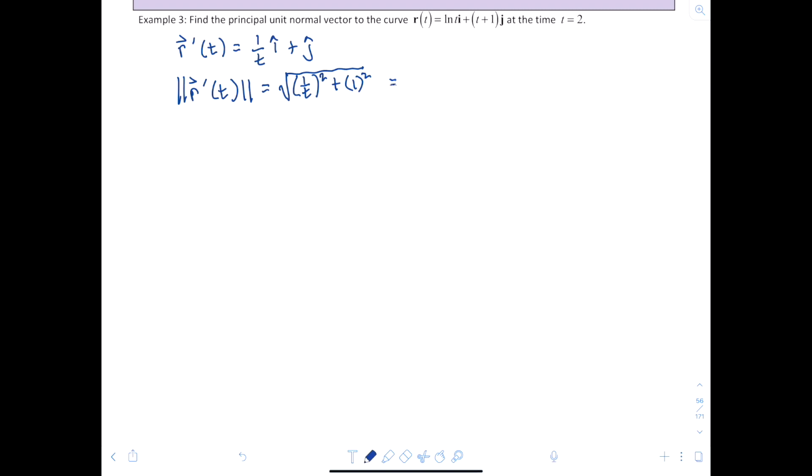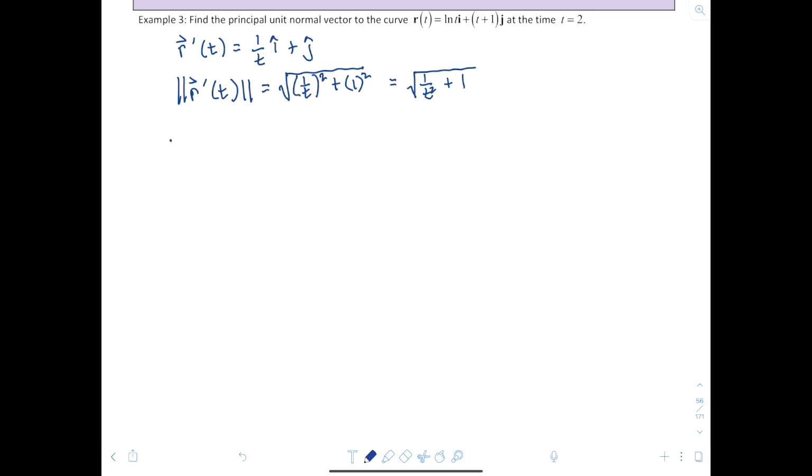It's probably going to be better to simplify it a little bit. Maybe not, though. Honestly, I'm just going to write it as the square root of 1 over t squared plus 1.